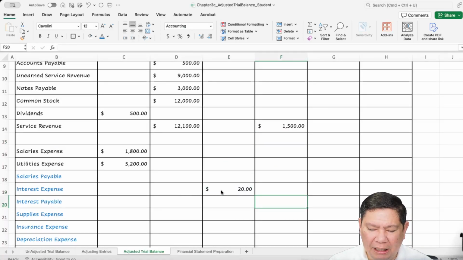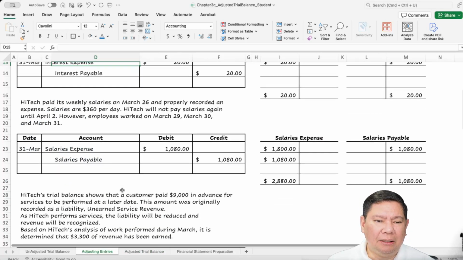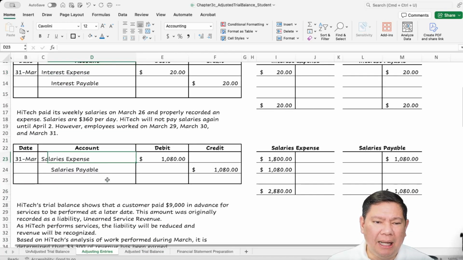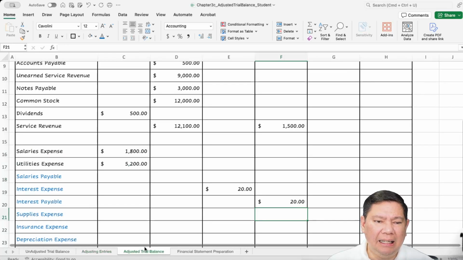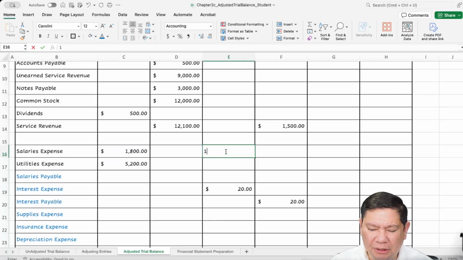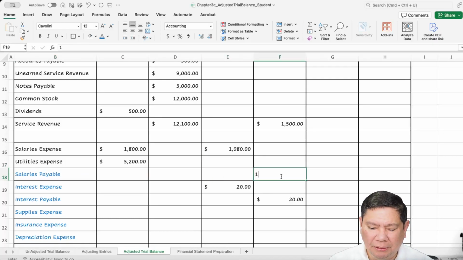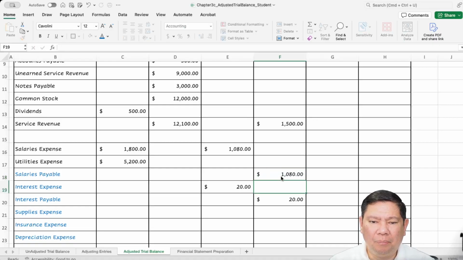Interest payable is new, $20. So that's the adjustment. And then the third one, salaries expense and salaries payable, $1,080. Salaries expense was there before, so we can use that, $1,080. But salaries payable is new. That's the new one, $1,080.